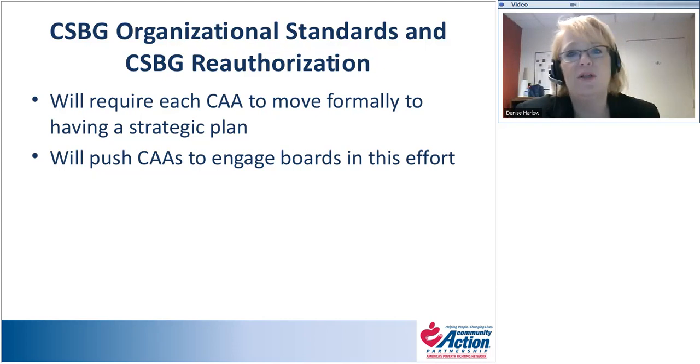So the theory of change is really an articulation of what assumptions we make about the way we do business and what the current status of our organization looks like, what our environment looks like. And then it talks about what goals you want to achieve and what strategies you're going to use to achieve those outcomes. It sounds an awful lot like a logic model. And so those of you who are doing logic models on a regular basis, the theory of change is going to look very familiar to you.